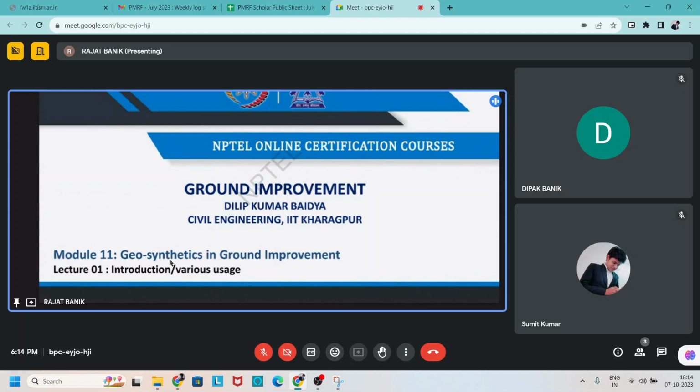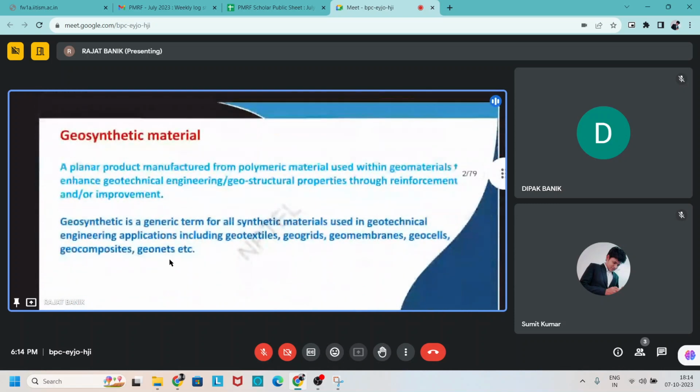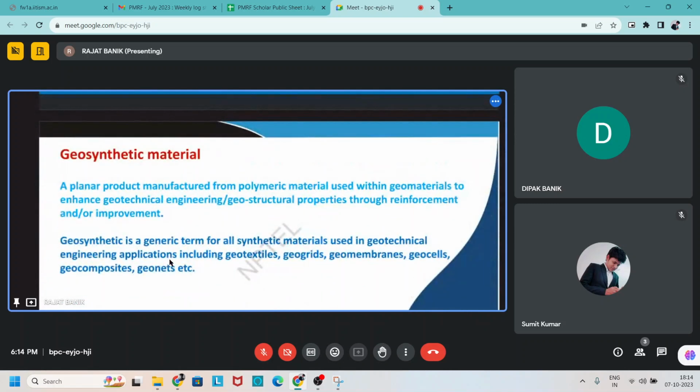So let's start from the first slide. It says that a geosynthetic material is a planar product manufactured from polymeric material used within geomaterials to enhance the geotechnical engineering or geostructural properties through reinforcement or improvement.